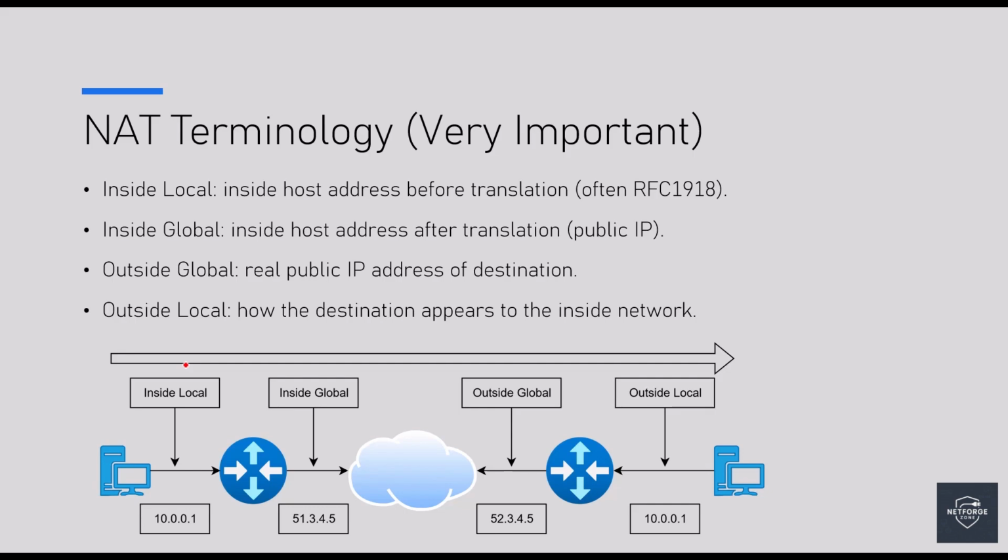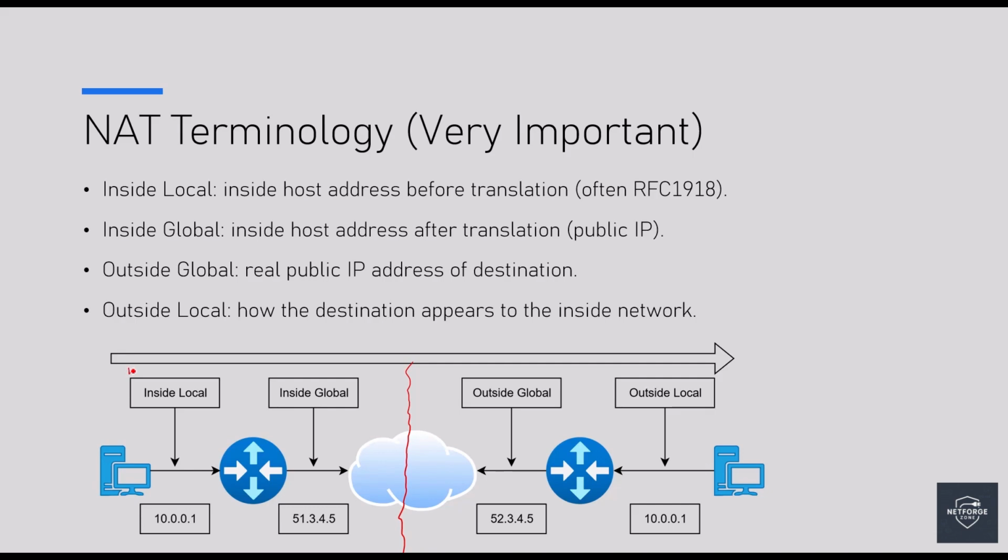But like I said, this one is very important. Let's say that, for example, my NAT server is here. This is my boundary. Inside local IP address is the one that is allocated to the device itself. So my private IP address is inside local.